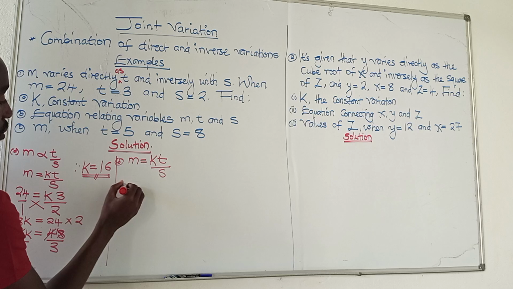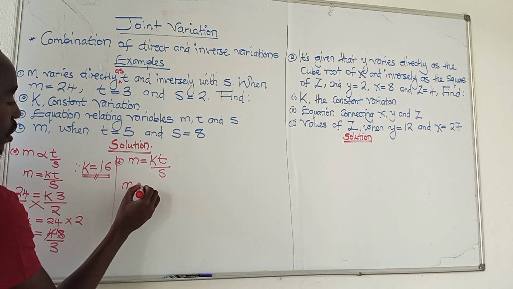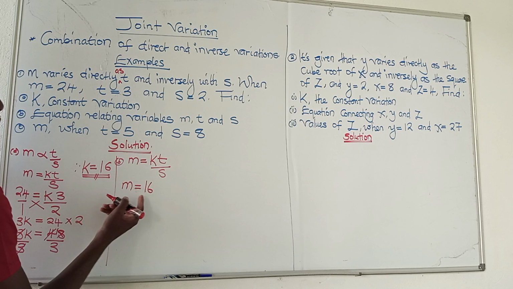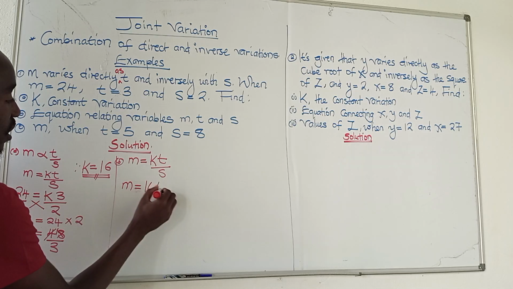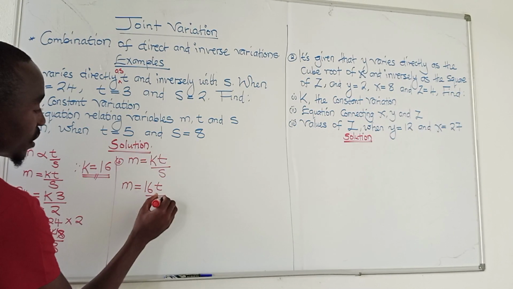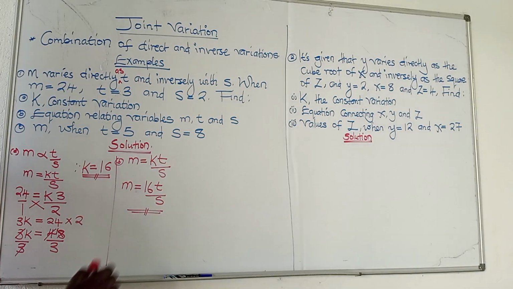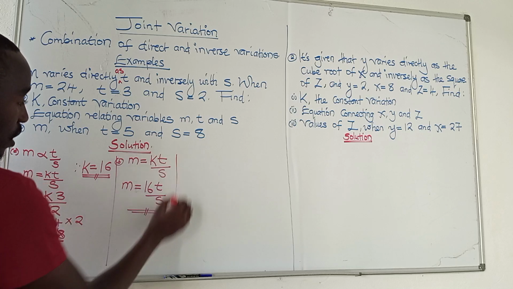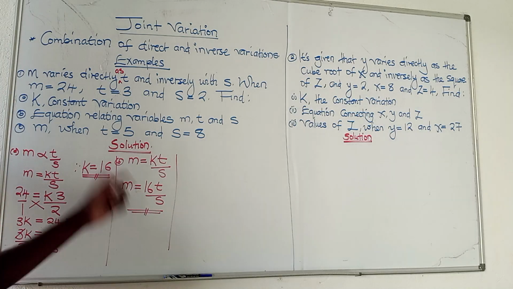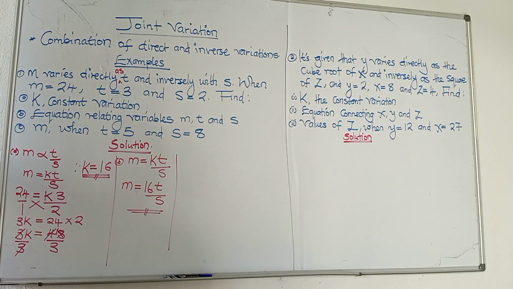So the equation is M equals 16 T over S. That is the equation relating the variables M, T, and S. Just like that, don't go any further, you have answered.